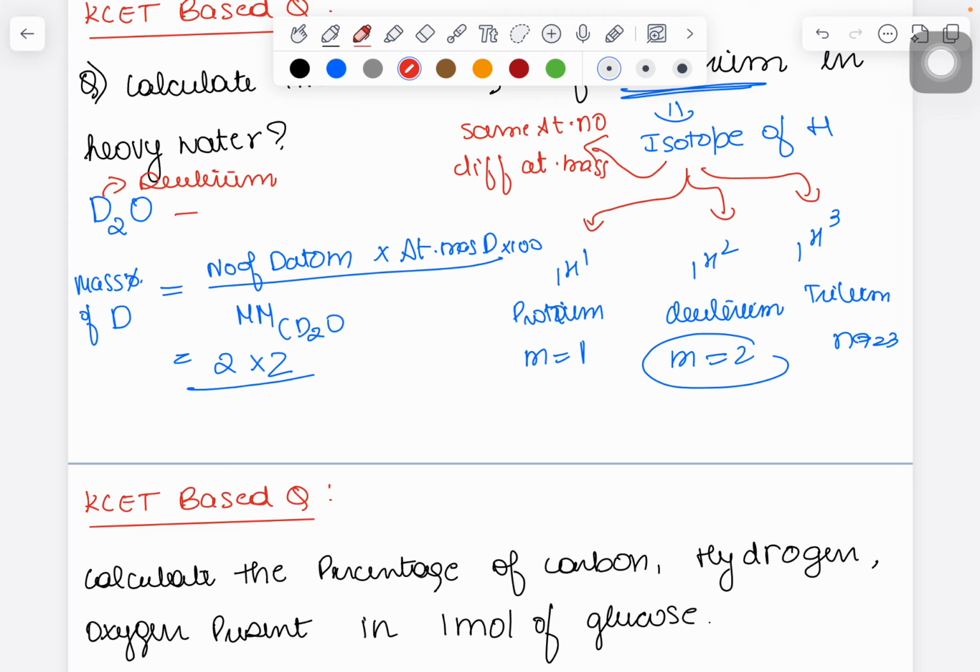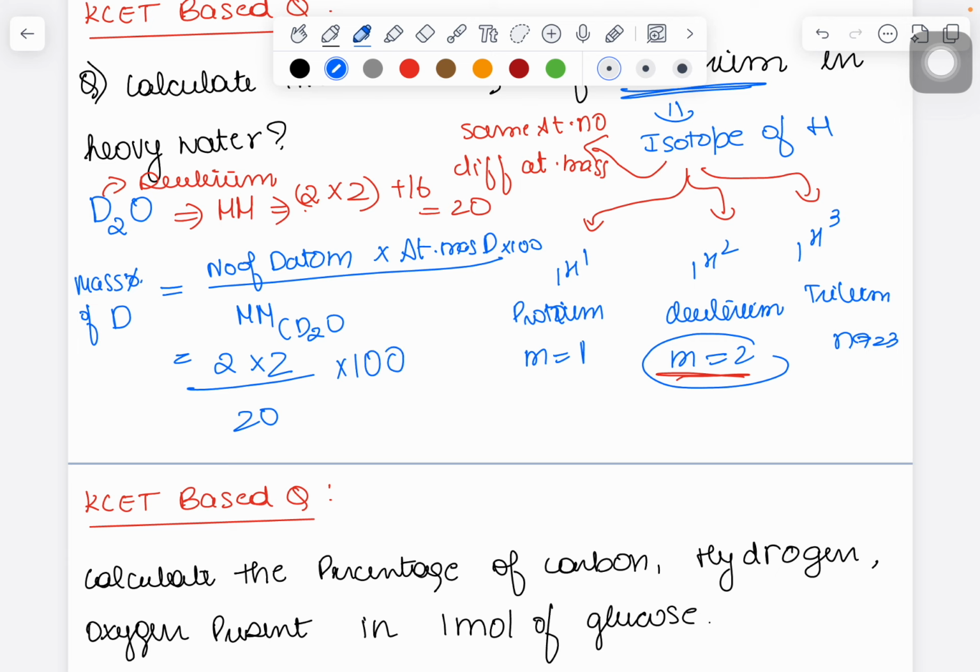The molecular mass of D2O is 2 deuterium into atomic mass 2, which is 4, plus 16, that is 20. The molecular mass is 20, into 100.